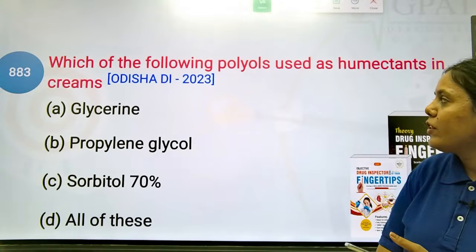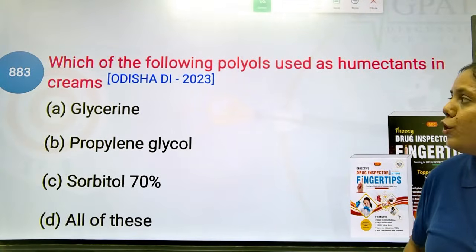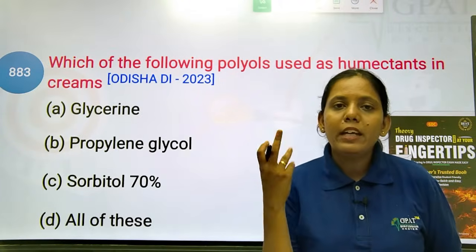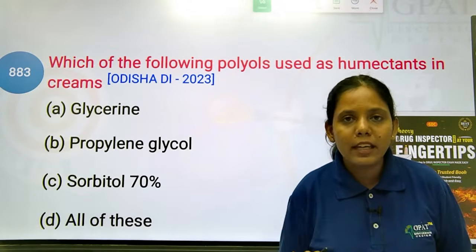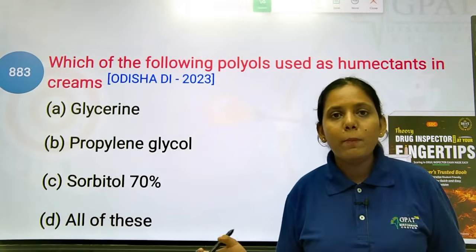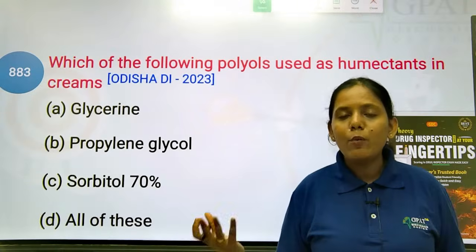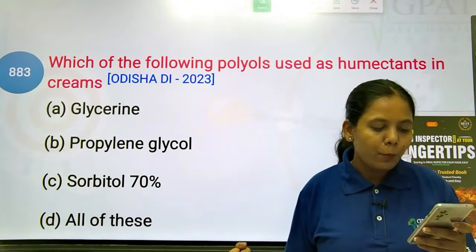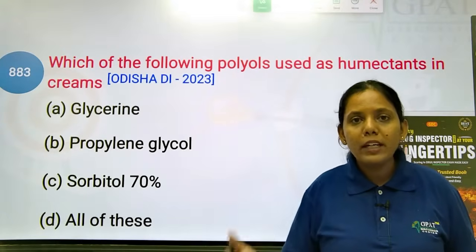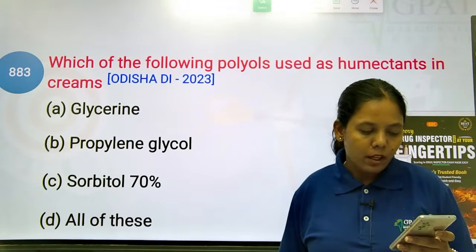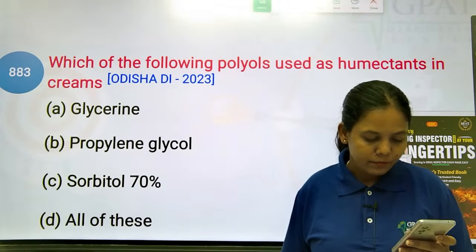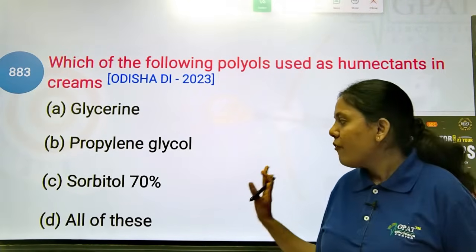Chalo. Next is: which of the following polyols is used as a humectant in creams? Humectant means it will retain the moisture in the creams and prevent the drying out of the cream, right? If you keep it outside, it will dry out, right? Inside, what is there to prevent that? Humectants are present. And polyols means they have multiple OH groups in their formula. What is the answer? Very good.